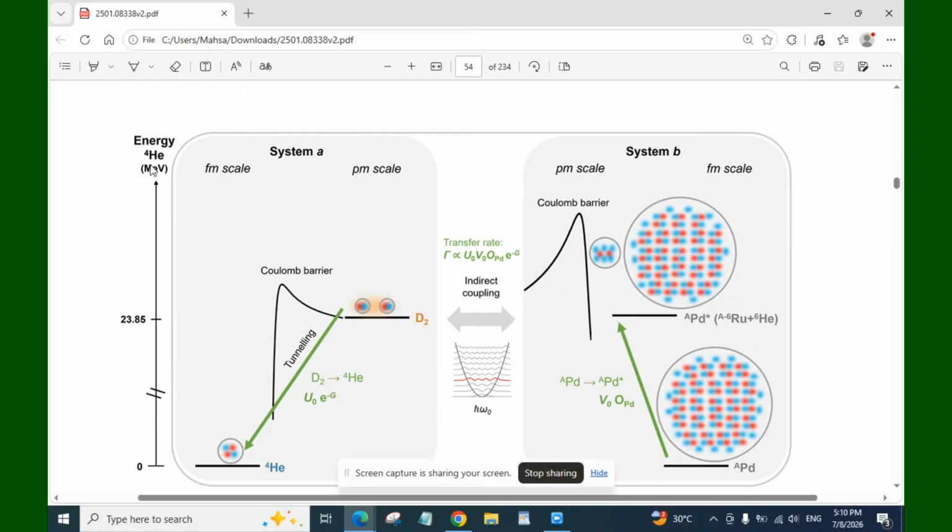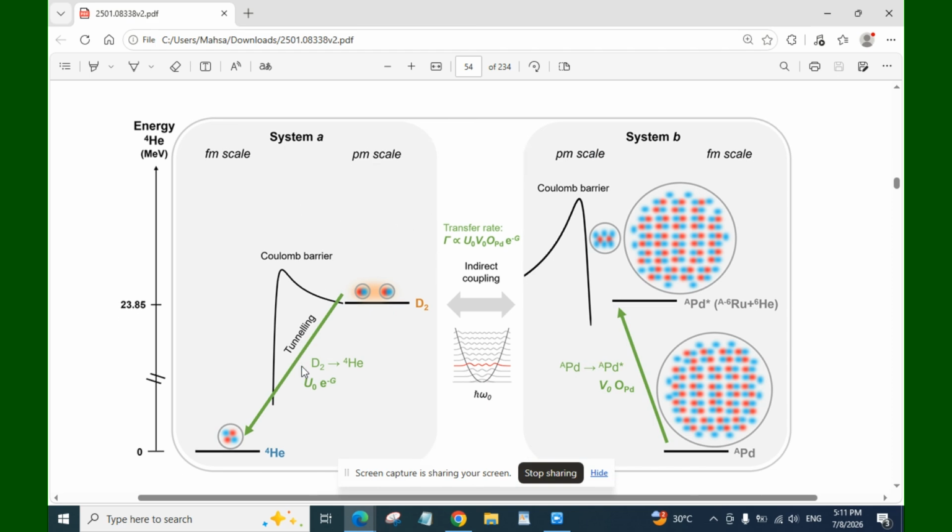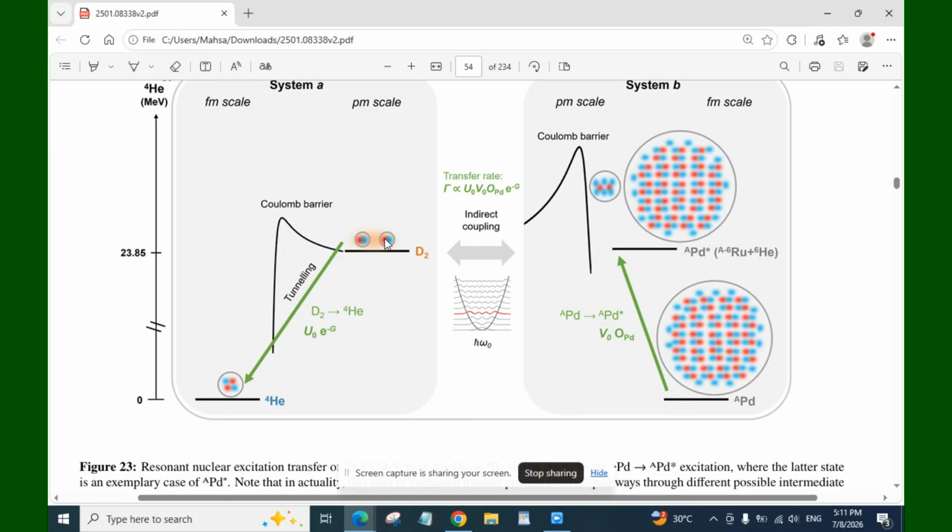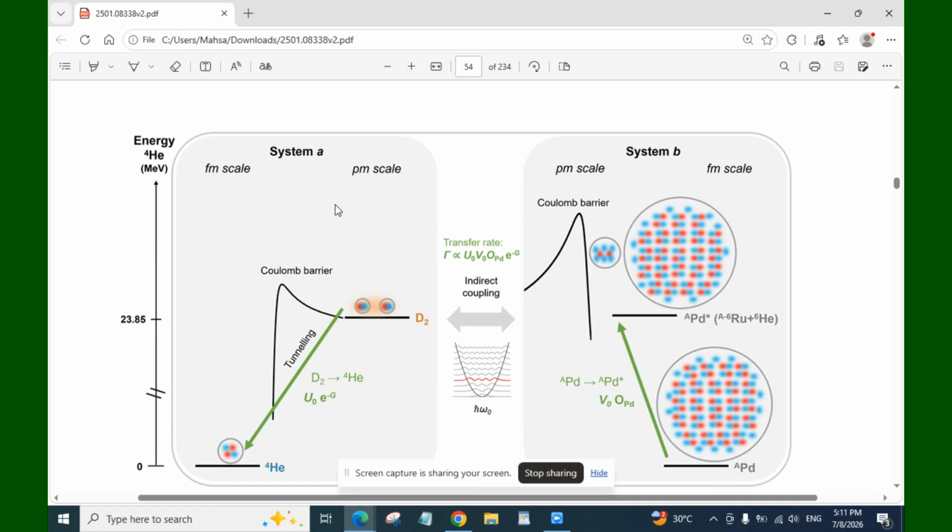It's based on the energy of helium-4 in megaelectronvolts. In the left section we have system A, in the right section we have system B. In system A we have a Coulomb barrier, and this Coulomb barrier from the helium-4 to the deuterium, you see, we have a nuclear tunneling, when we want to have deuterium transition to helium-4.